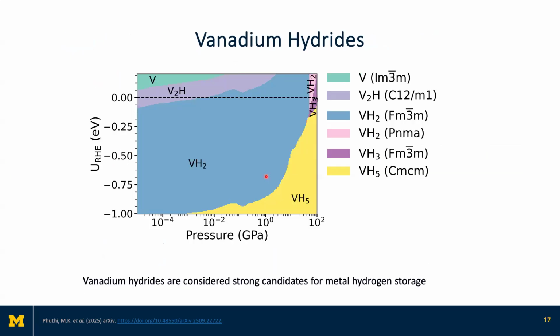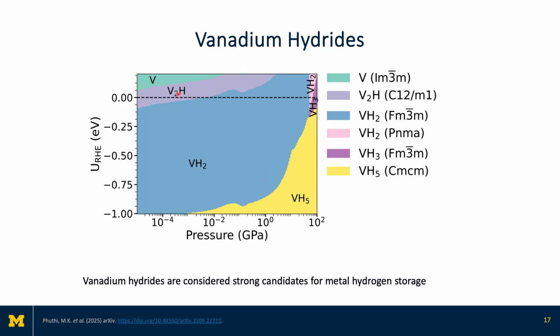We looked at a couple other hydrides as well. So here I'm showing vanadium hydride. Vanadium hydride has been considered one of the better prospects for hydrogen storage. The reason for that is because it can absorb and desorb hydrogen fairly easily.